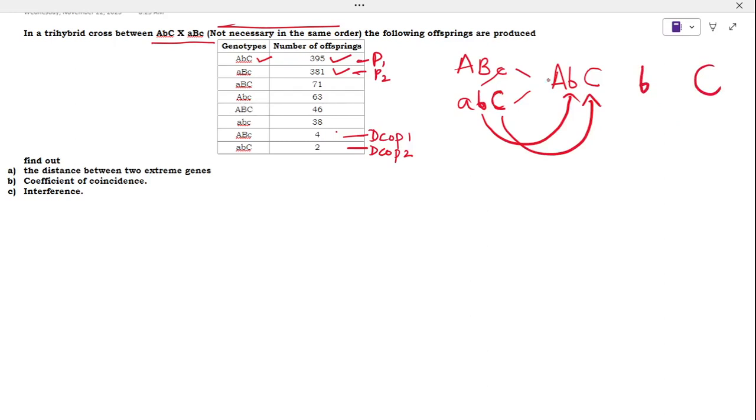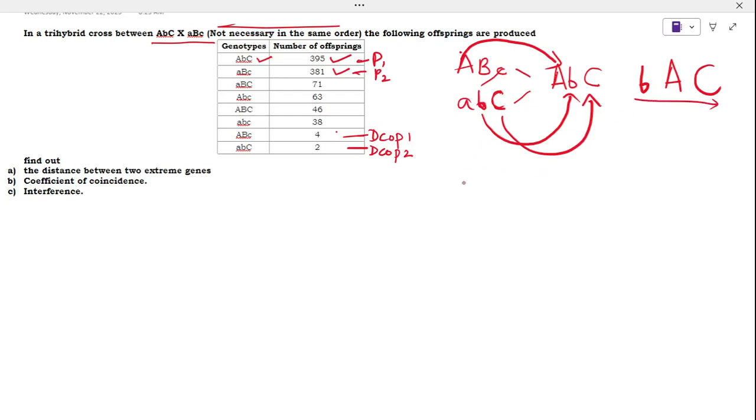And to find the middle gene, you can see capital A is independently segregated without any other genotypes here. That means definitely A will be in the middle. This is the common pattern of arrangement of genes on the chromosome.